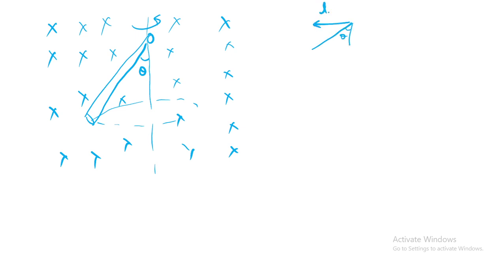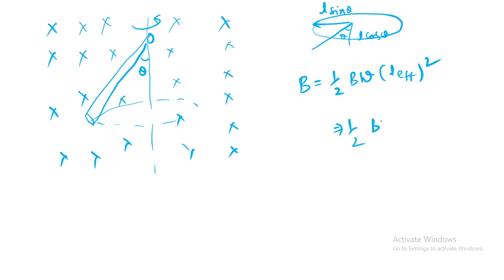So the EMF is half B omega L effective square, where L effective is L sin theta. That's it. Half B omega, L sin theta, whole square. So you will get the rotational EMF for this sort of case.